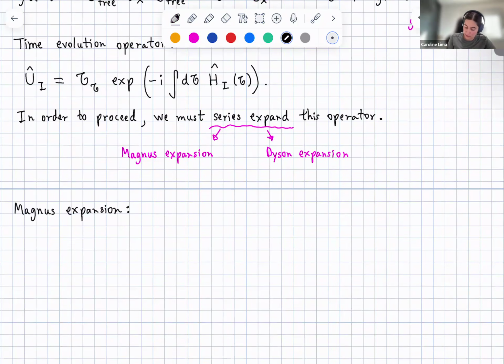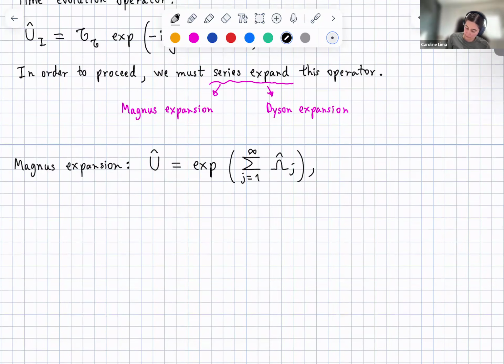The Magnus expansion would say the following. If I have this U, the U is going to be given by some exponential of this sum from j equals 1 to infinity of these omega j's, okay?